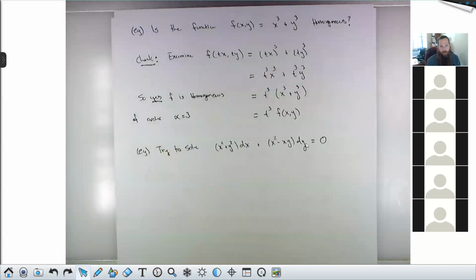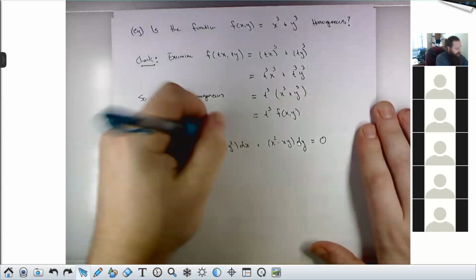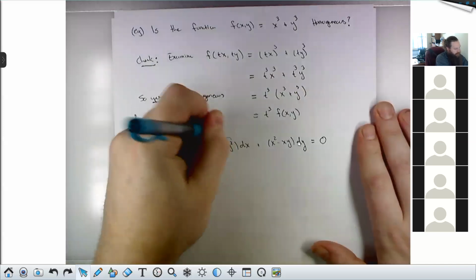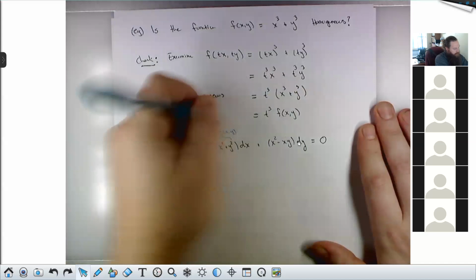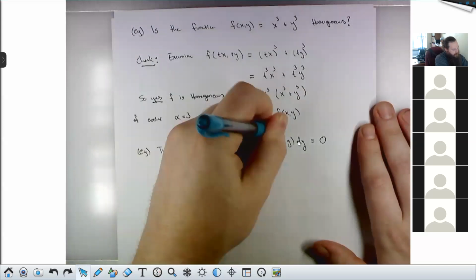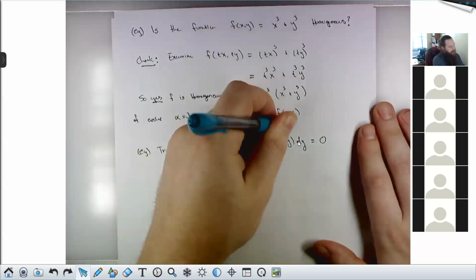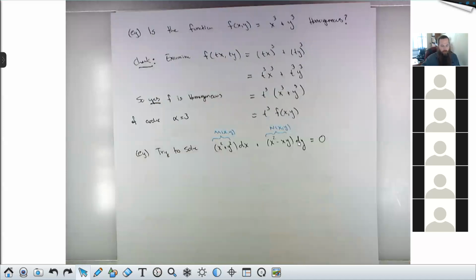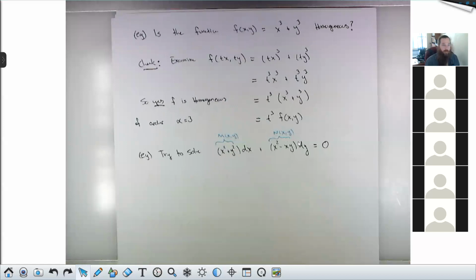So M and N are these guys. And as long as those are both homogeneous of the same order, we can approach the problem in this way.